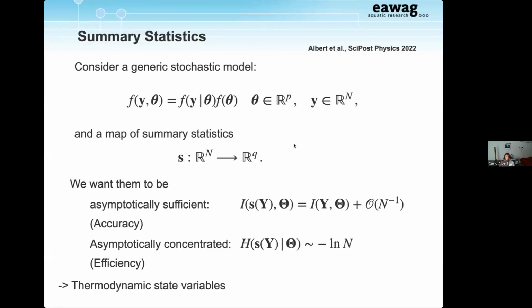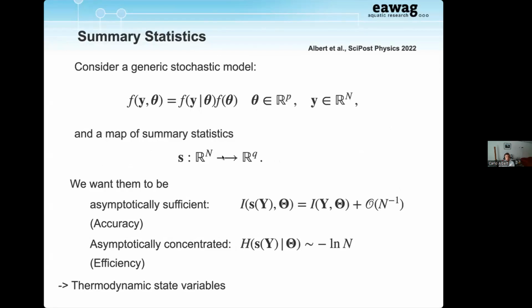So let's consider a generic stochastic model for some outputs y conditional on some parameters theta. Typically, we have few parameters, so p is rather low, and typically we have large dimensional outputs like time series or fields or whatnot, so n is typically large.